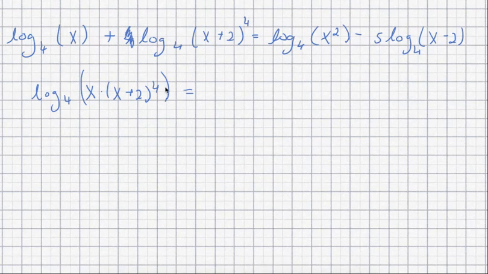And then the other side. There's a 5 before the log, so we put the 5 as the power on the x minus 2, and it's a minus, so we divide: log 4 of x to the power of 2 divided by x minus 2 to the power of 5, without the log 4. Perfect.